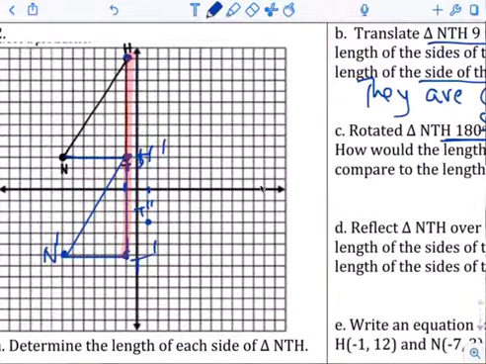And then H is 1, 3, 4, 5, 6, 7, 8, 9, 10, 11, 12. 12 right over here. H double prime. N is 3 over. Right there.